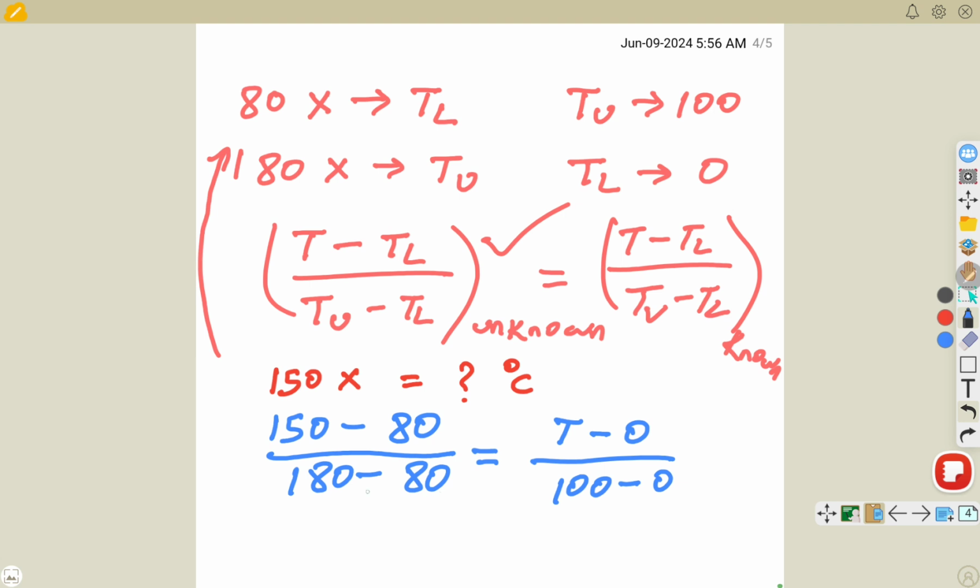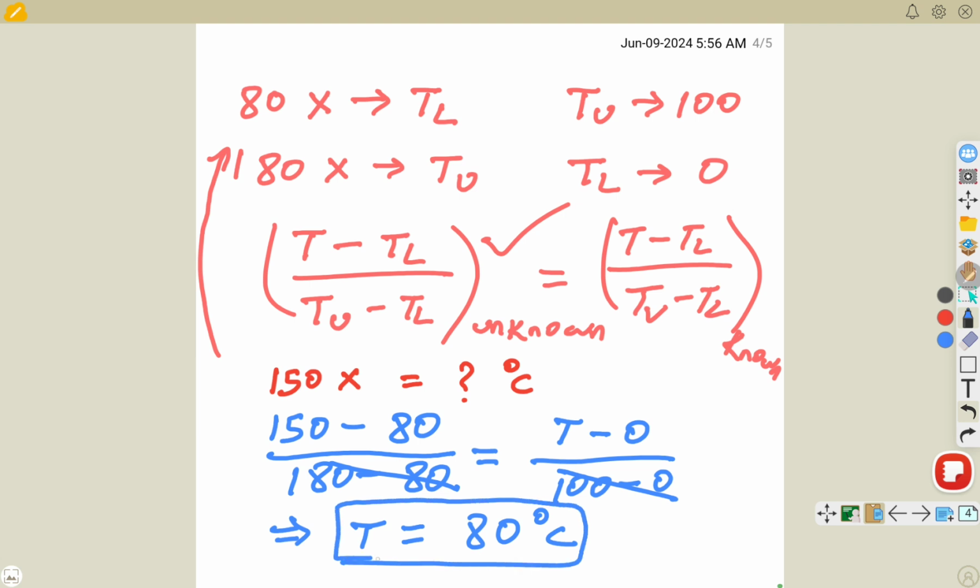So 180 minus 80 is 100, so these things are cancelled out. It implies T equal to 80 degree C. 150x is equal to 80 degree C.